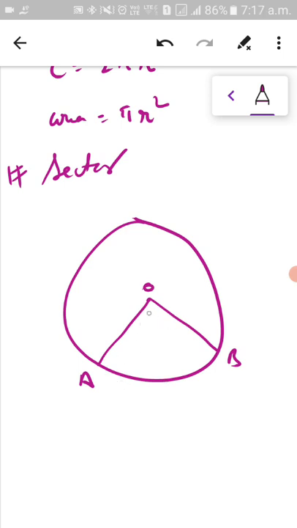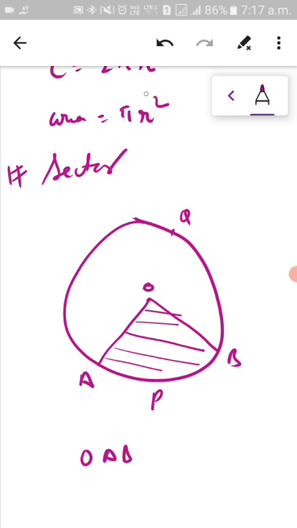This region which I am shading is enclosed by these two radii and the corresponding arc. Let me write here P. So OAPB is called a sector. And let me take a point here. This OAPB is also a sector, and OAQB is also a sector.